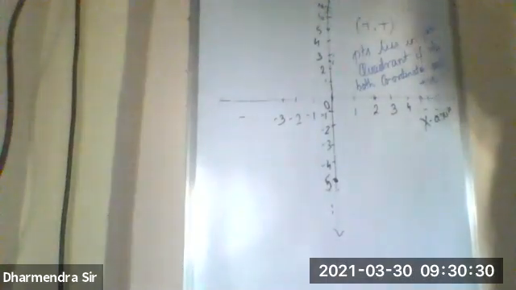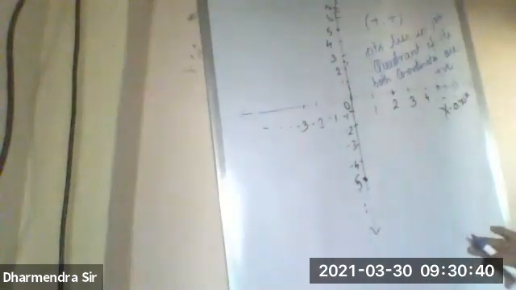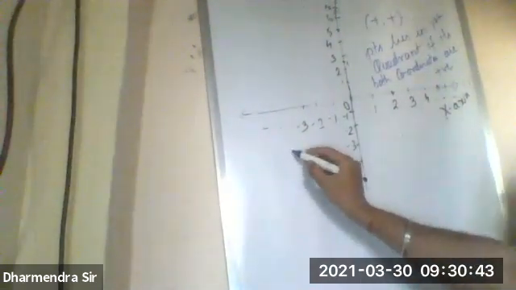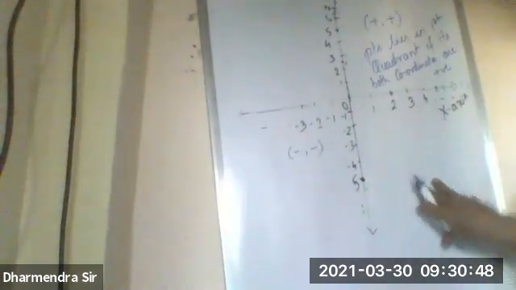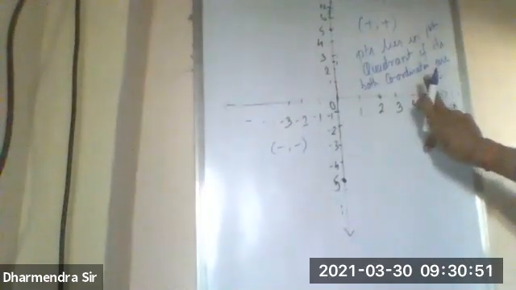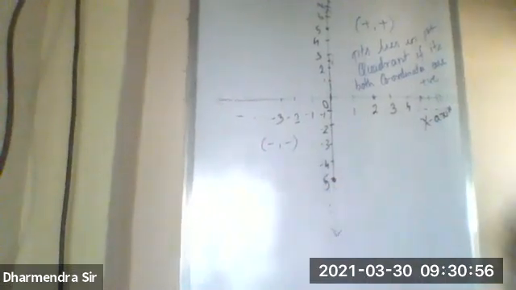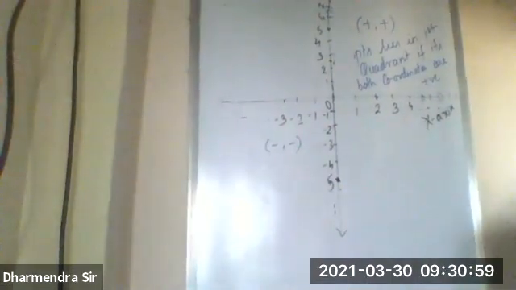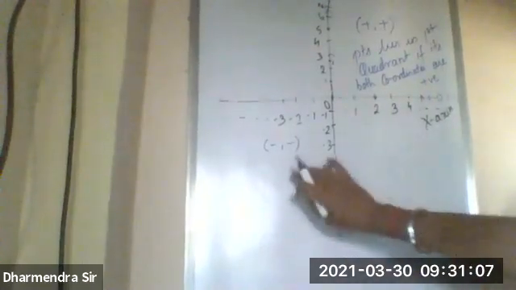Question number 2, first part done. Now the second part, whose both coordinates are negative. We can see that both negative means, I've explained this, third quadrant. Repeat the statement, points lying in the third quadrant if both coordinates are negative.